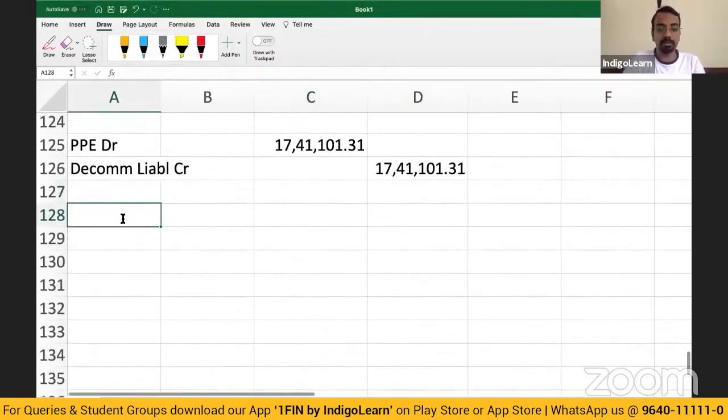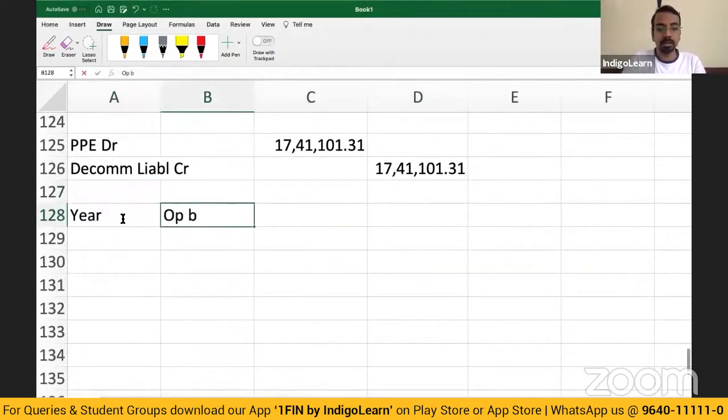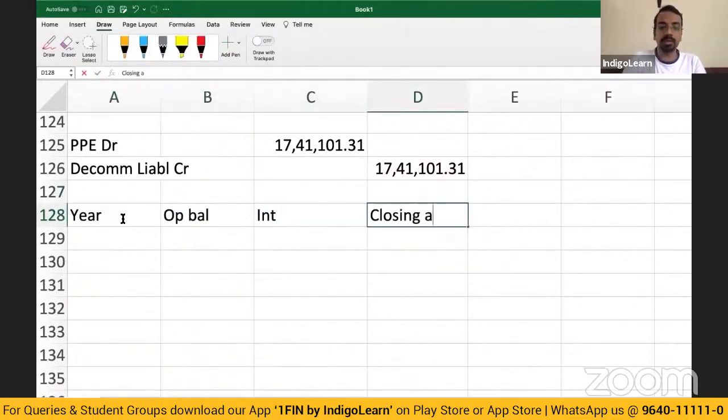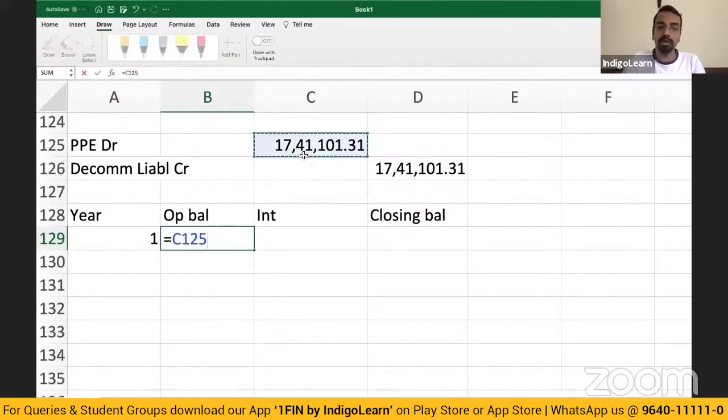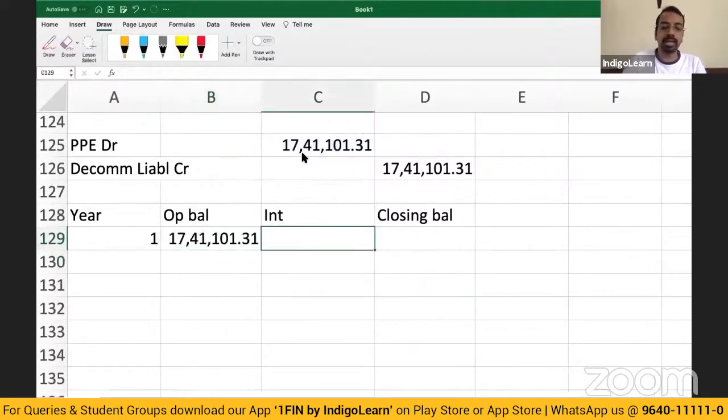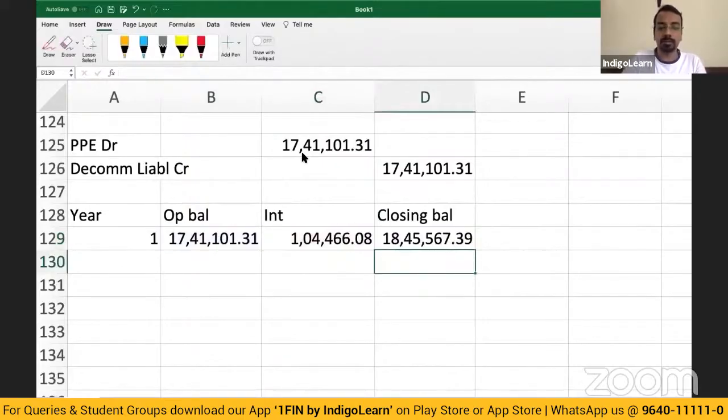So I can actually show opening balance, interest. There is no payment, so closing balance. What is the opening balance? Opening balance is 17,41,101. On this, interest at the rate of 6%. Closing balance is this plus this.